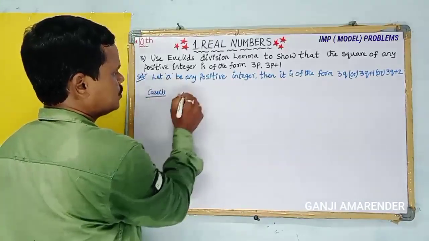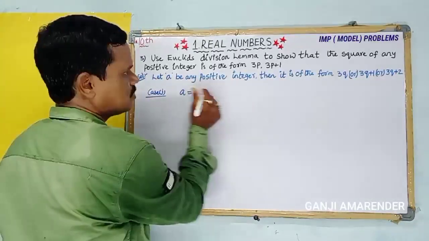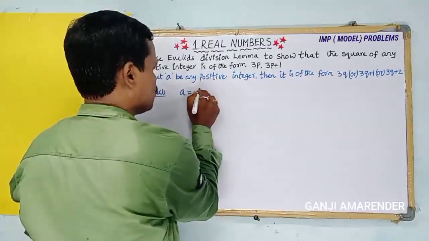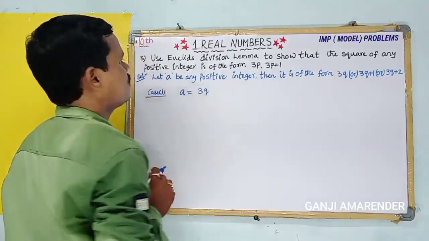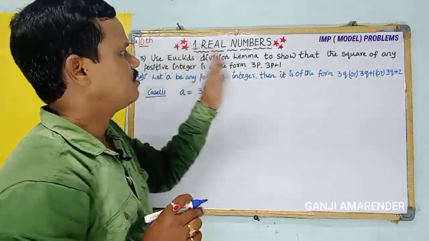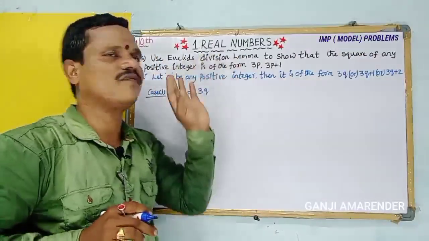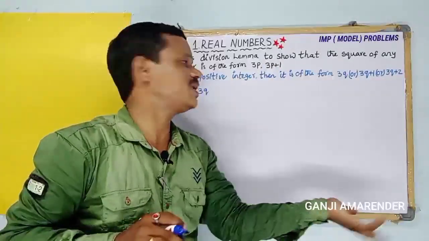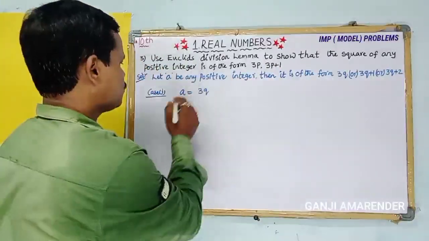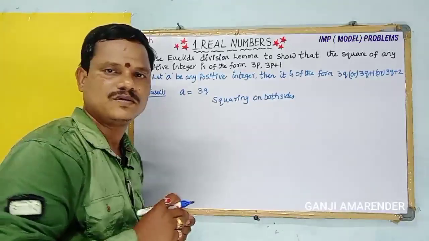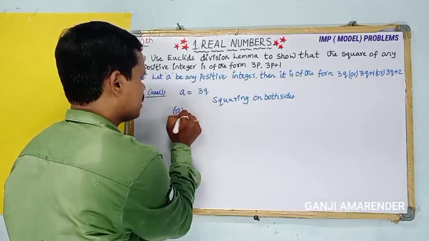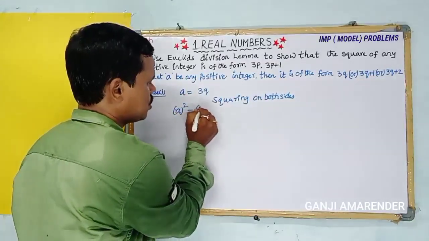Case 1: a be any positive integer, so a is equal to 3q. Now what we have to prove here? Use Euclid's division lemma to show that the square of any positive integer is of the form 3p plus 1. Okay, now squaring here. So a square is equal to 3q square.